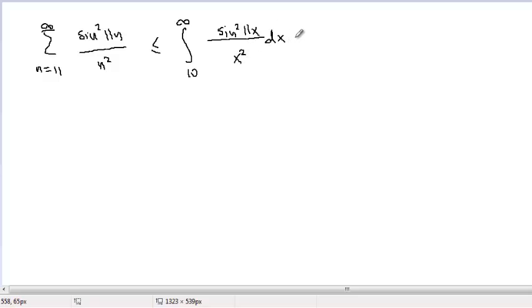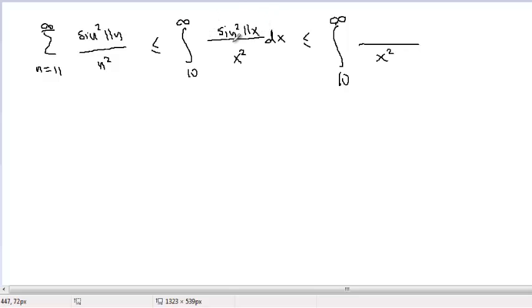And here, as you can see, this is not such an easy integral to take. So instead of taking this improper integral, I will go ahead and do one more estimate. And that estimate will be the following. I will keep the integration interval as it is. Here I will write something bigger. I will keep the denominator the same. Here at the numerator I have sine squared of 11x.